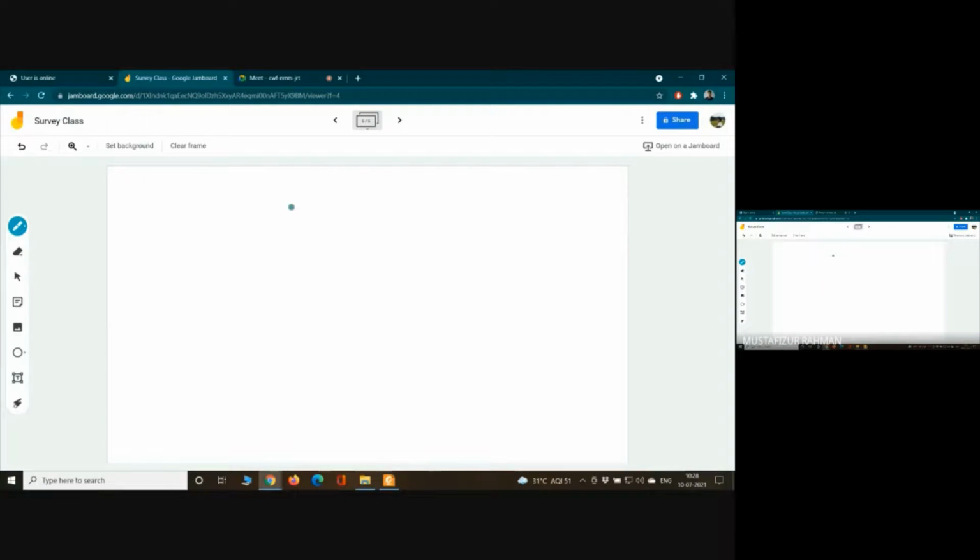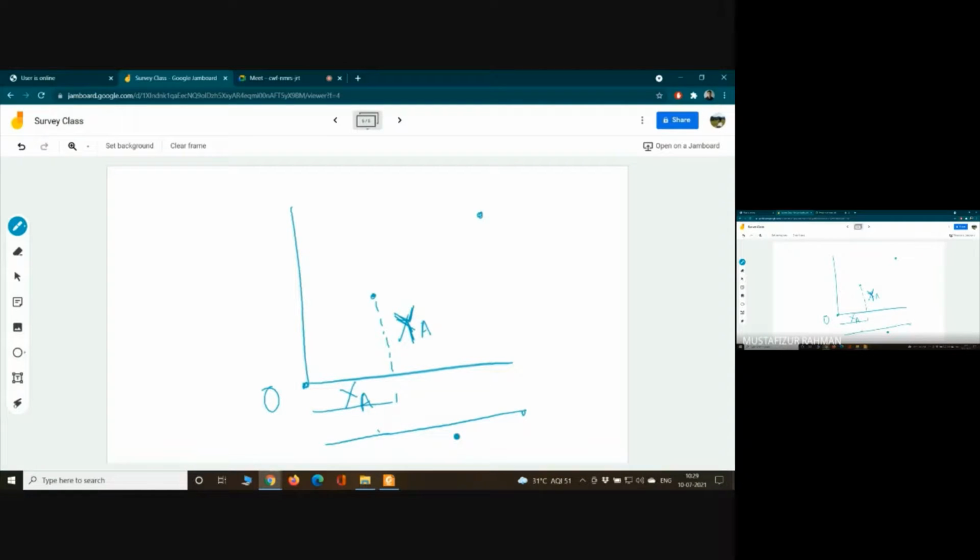Right? Very simple. So we are just saying that there is some origin in the ground and in the photograph. We are saying this is for A point, this is YA, this is XA, right? For any B point, we are saying this is XB and this is YB.